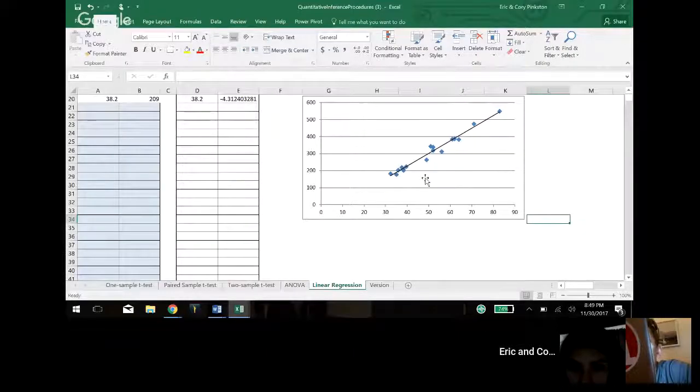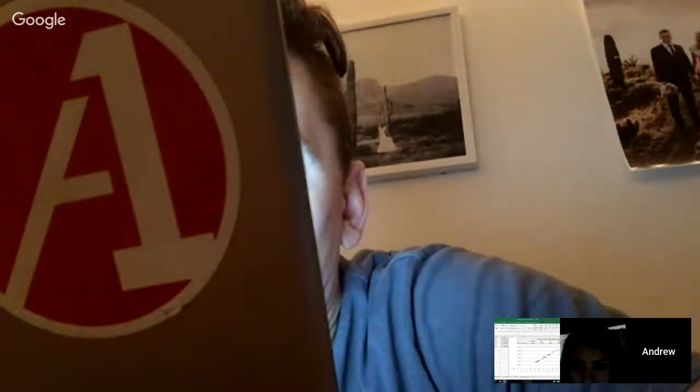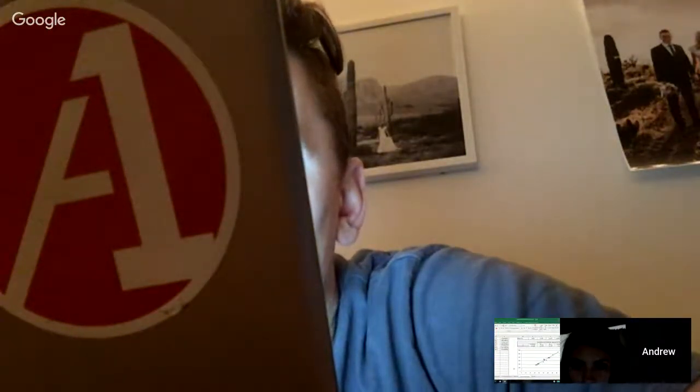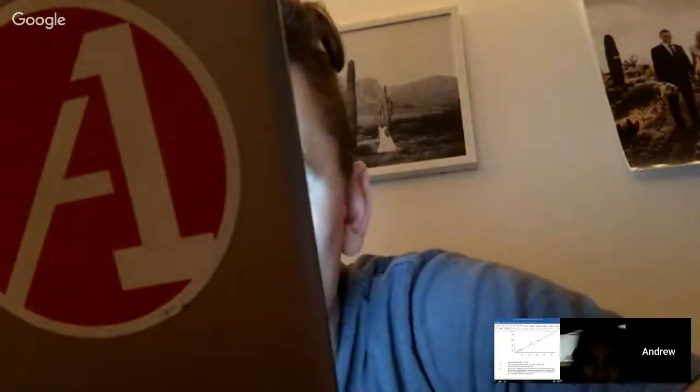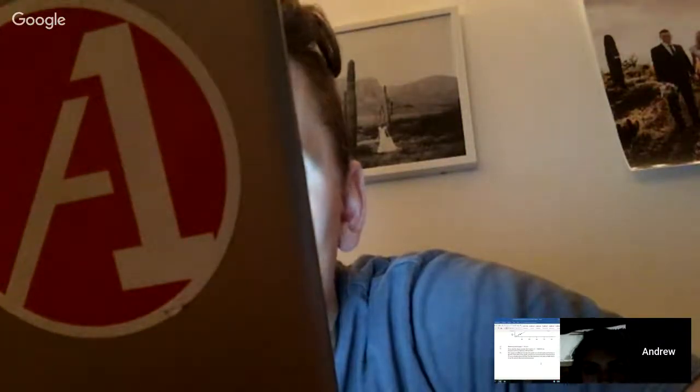Why are they different? Who the heck knows? The answer key does. It says the values are different because the points are not all exactly on the line of best fit.